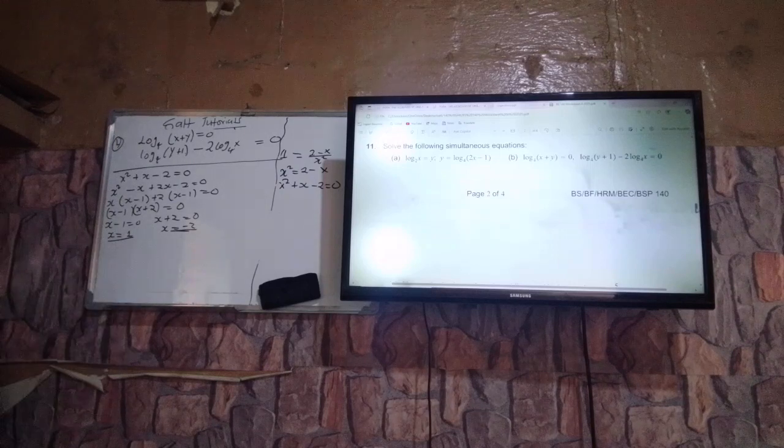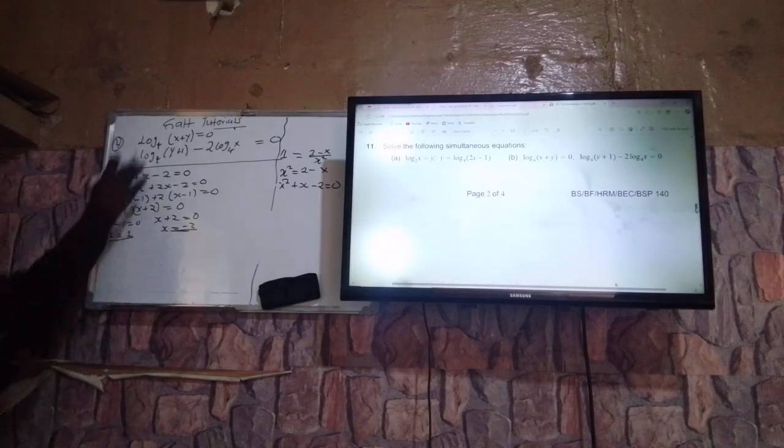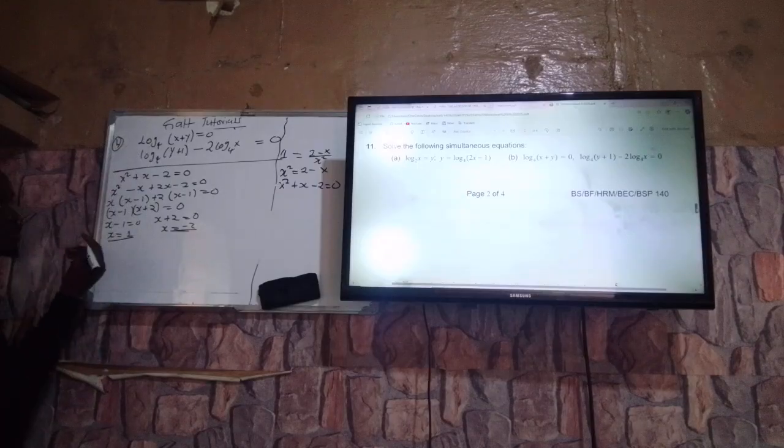If you have two values of x, it implies that you need to have two values of y. So if x is 1, what would be y? You can use maybe the first equation if you wish to.